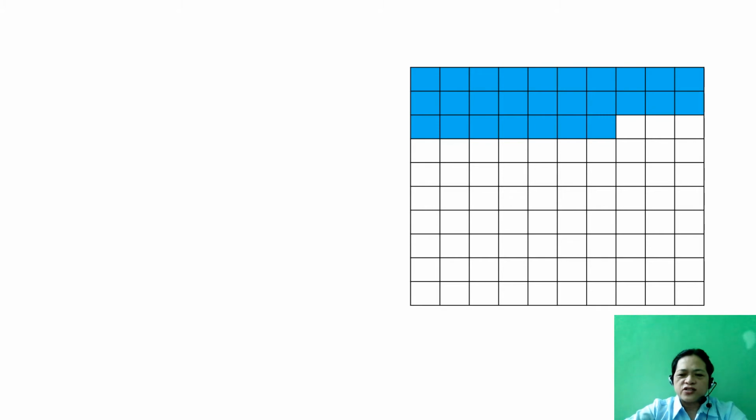Study the illustration. What percent of the grid is shaded? Very good. It's 27%. What is the fractional part of the shaded regions? Yes, it is 27 over 100. To write percent into ratio, always remember the meaning of percent, which is per 100.